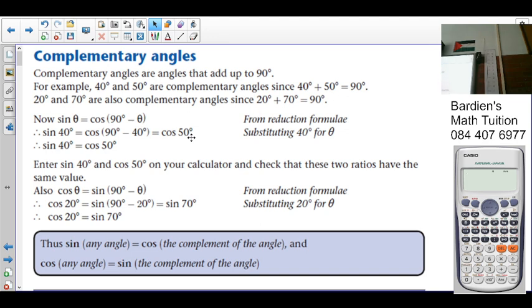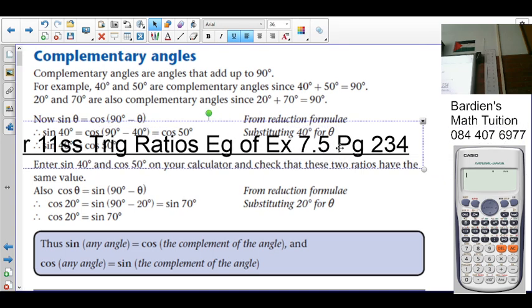Okay. The complementary angles are in exercise 7.6, which is on page 236. If you want the full lesson, the lesson will be found in the description box below.